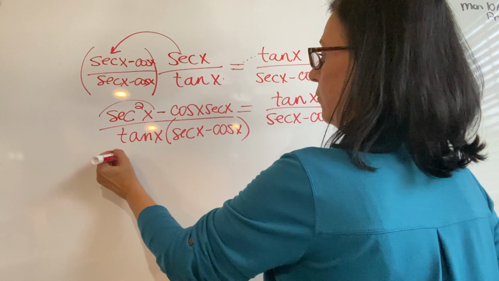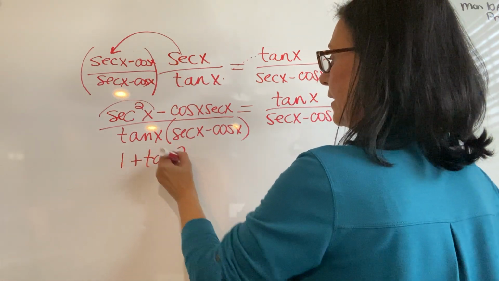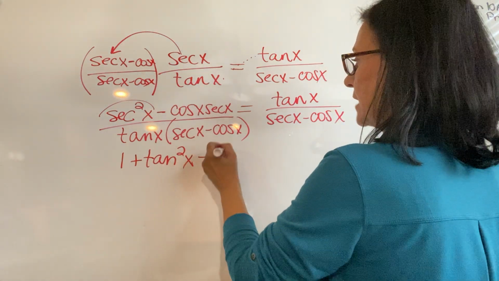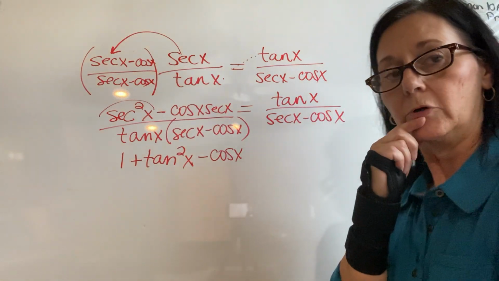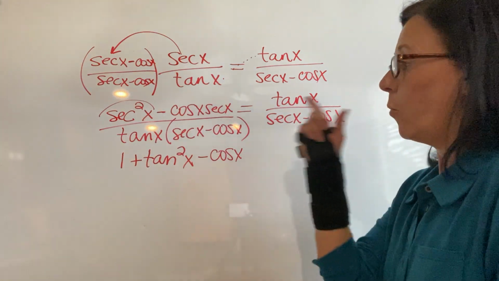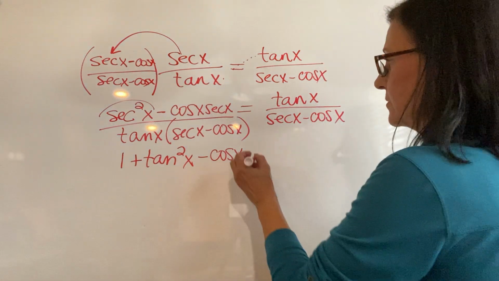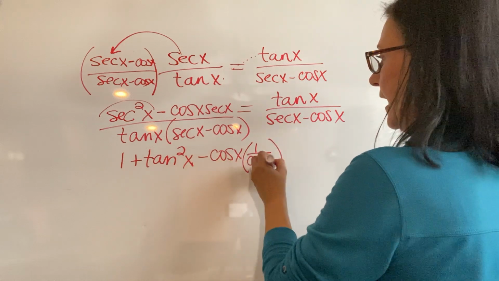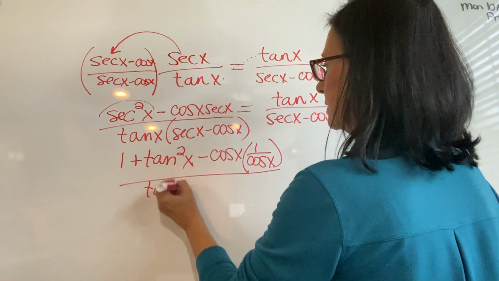So I have 1 plus the tan squared x minus the cosine x. For secant, I'm going to go ahead and put in 1 over the cosine, because that's where I was in that very previous one. 1 over the cosine x. Not going to distribute this denominator quite yet.